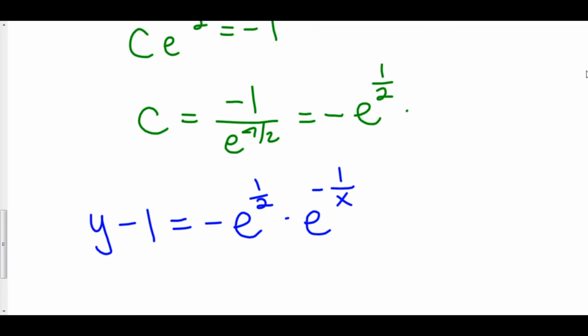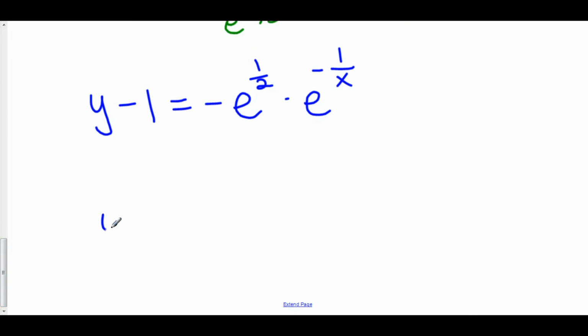We can group our terms on the right hand side by multiplying negative e to the 1/2 times e to the negative 1 over x. So here we have y minus 1 is equal to negative e to the 1/2 minus 1 over x, because when you multiply the common base, you just add the exponents.